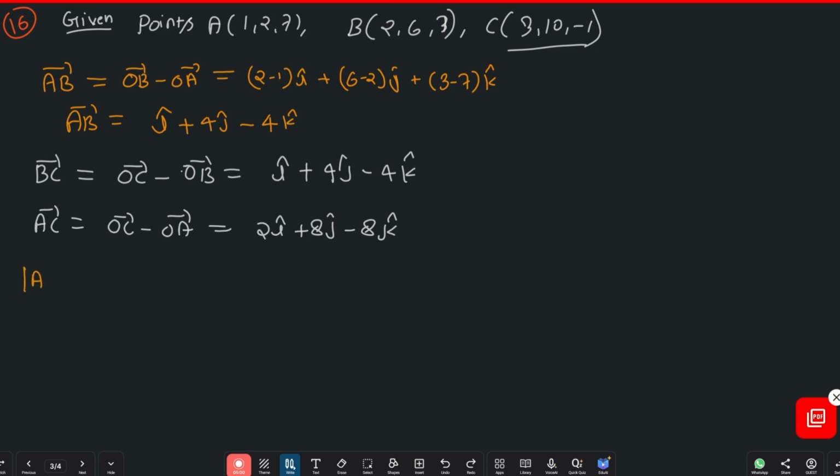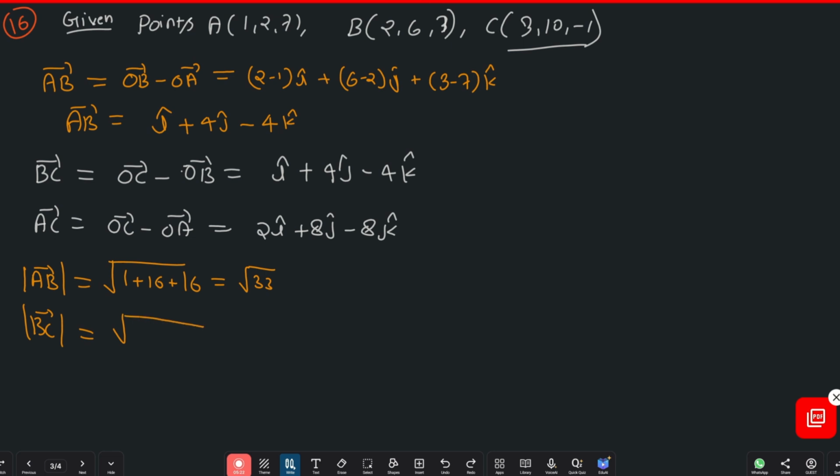Then what is AB length? Length means mod of AB. It is root over 1 square is 1, 4 square is 16, and minus 4 whole square again 16. So it is 1 plus 16 plus 16, which is 33. What is BC length? Mod BC.